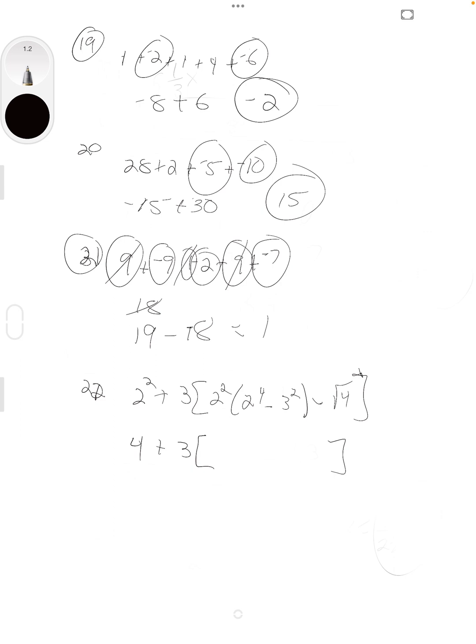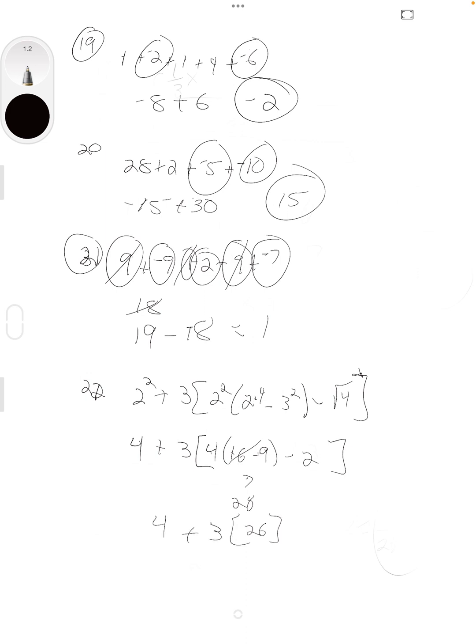Well, 2 squared is 4 times 2 to the 4th, which is 2 times 2 times 2 times 2, which is 16, minus 3 squared is 9, and the square root of 4 is 2. Okay, so 16 minus 9 is 7. 4 times 7 is 28. 28 minus 2 is 26. So what's in that bracket is 26.